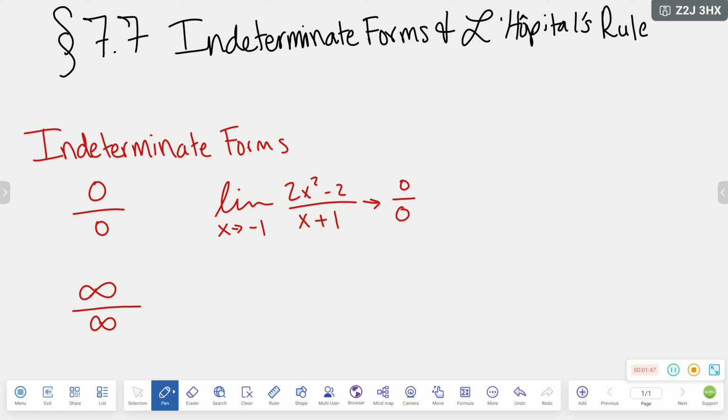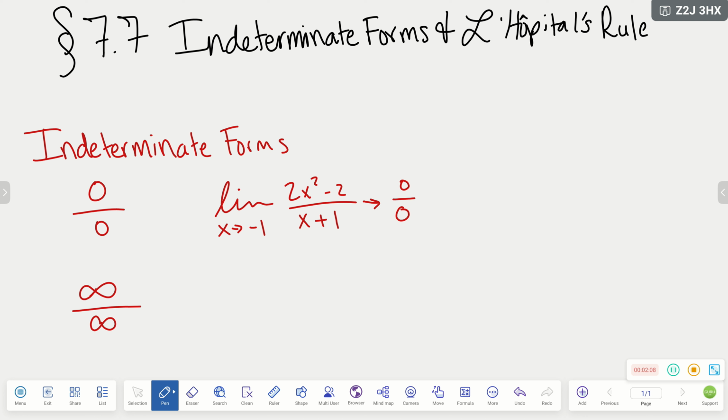Remember not to put an equal sign. Don't put an equal sign, put an arrow, because something can't equal 0 over 0. The algebraic technique to solve that would be to divide the numerator and denominator by x plus 1, so factoring the top, basically.